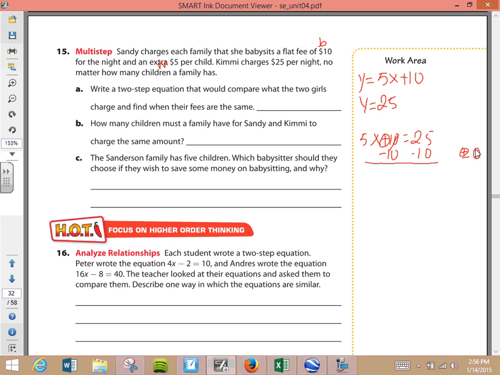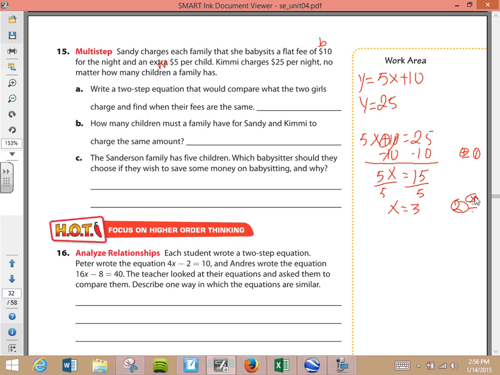Continue. I like it. What does it give me? 3. Perfect.